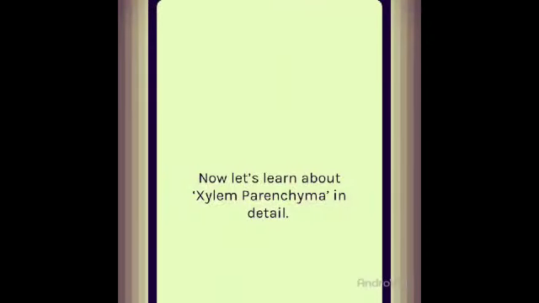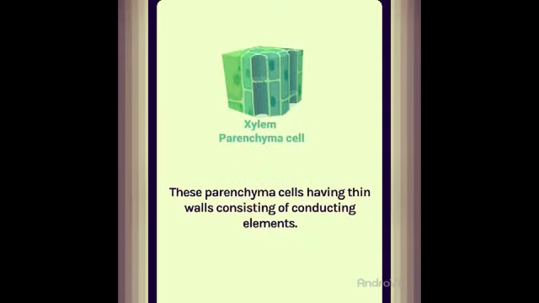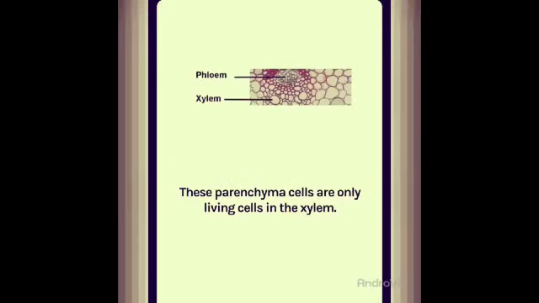So children, we are going to learn about xylem parenchyma in detail. These parenchyma cells have thin walls and consist of conducting elements. These parenchyma cells are the only living cells in the xylem.